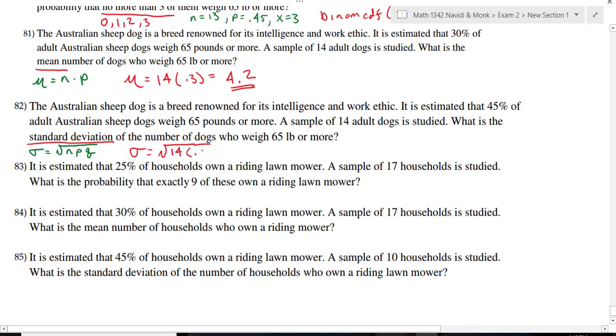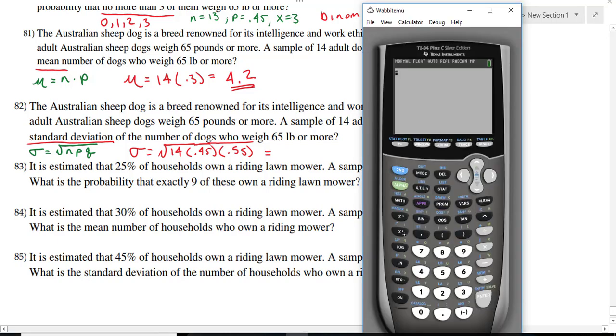Here p is 0.45. So q is going to be 1 minus 0.45, or 0.55. So we get our standard deviation is equal to what? We'd do this on the calculator. Square root of 14 times 0.45 times 0.55. And we get 1.8615.